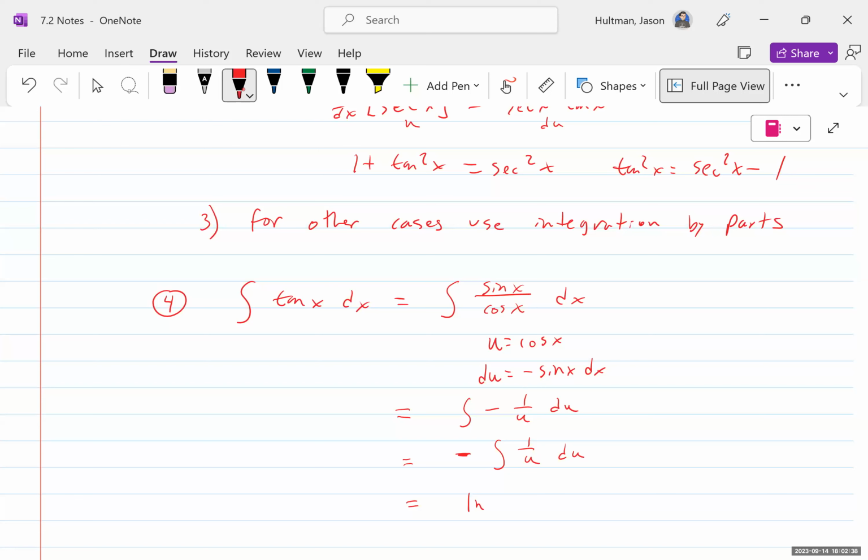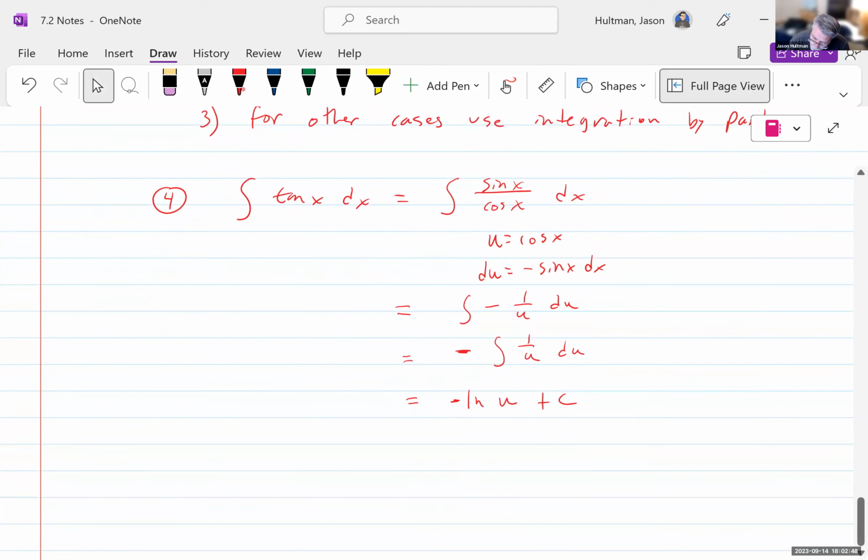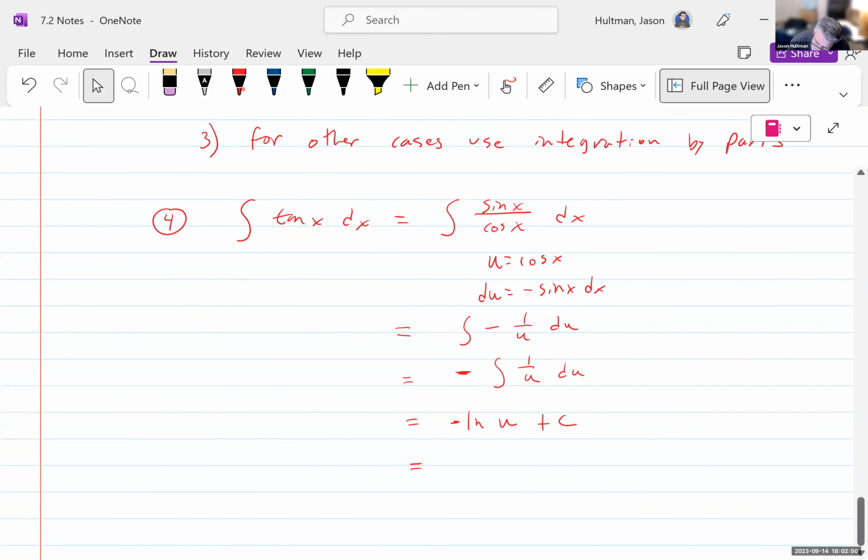Yeah, it's natural log. So this is negative natural log of u plus c, right? But what is u? u is cosine x. Okay, negative natural log of cosine x plus c.